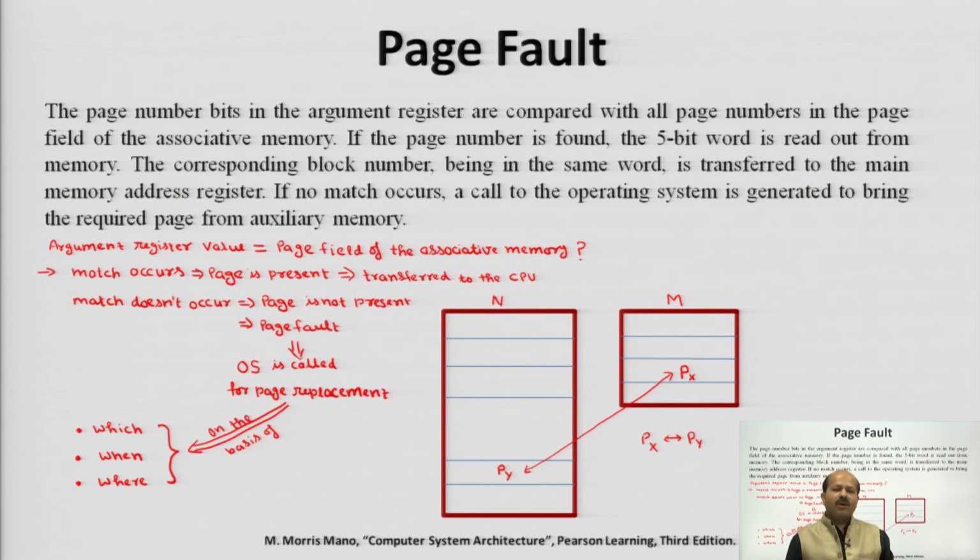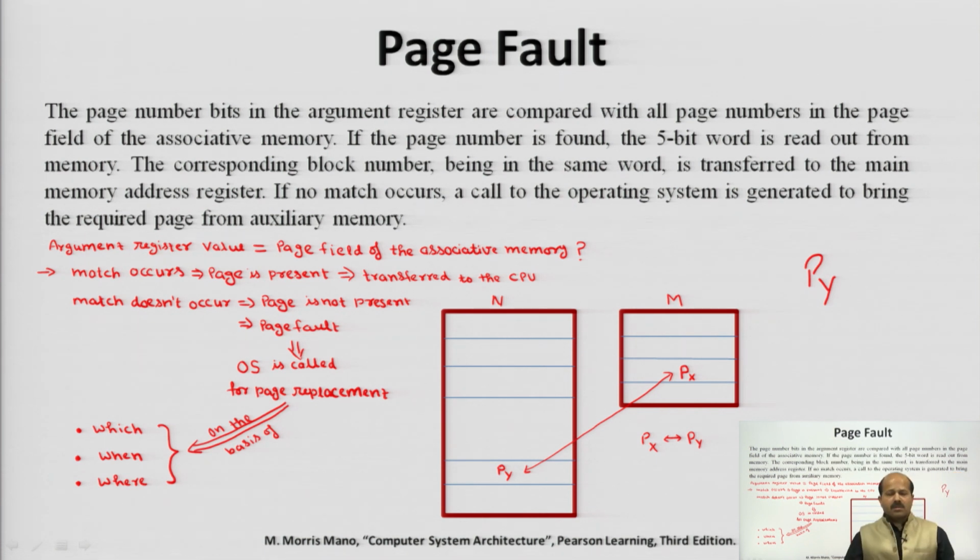And in case of a page fault, there is a call, and the operating system will manage the page replacement, meaning that page will be replaced with some available page. Here it is shown. For example, the page py is requested by the processor, and this page is not available in main memory. So, this page will be replaced with some page px, which is available in main memory.